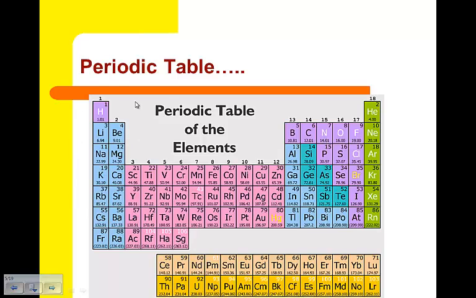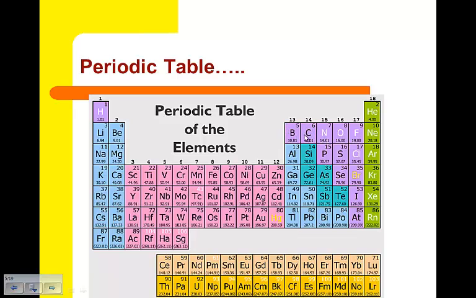All right, some basic things you need to know about the periodic table. This side of the periodic table typically has a positive charge, and you'll understand charges in a moment. This side typically has a negative charge. And we'll learn all kinds of different things about the periodic table. But one thing you need to know is this number right here is associated with that element. So a 5 is associated with boron here.